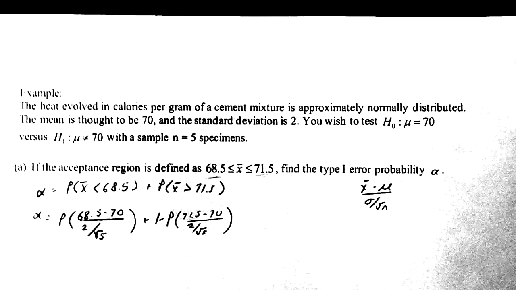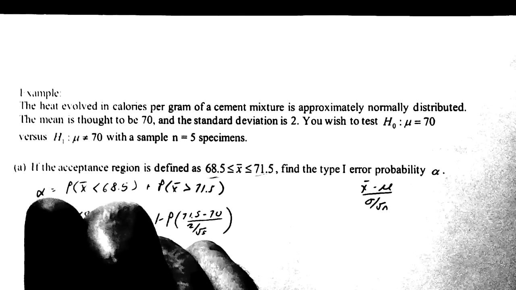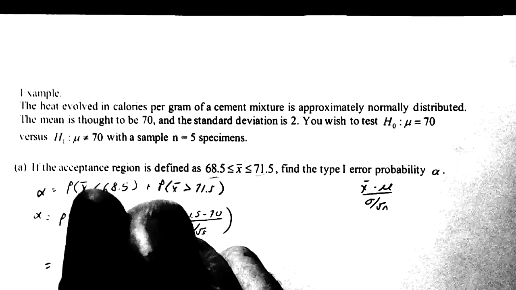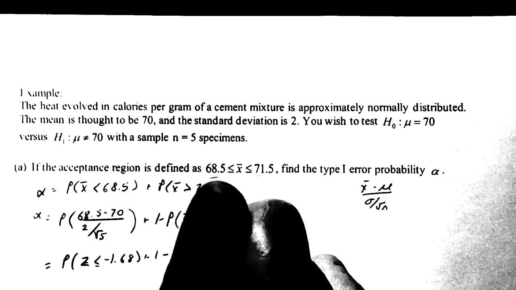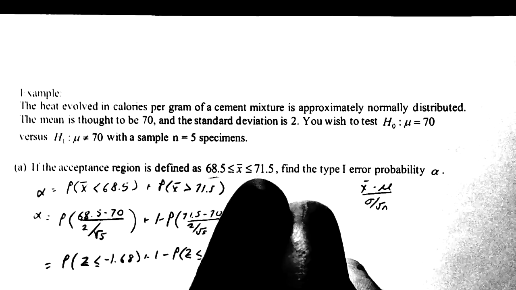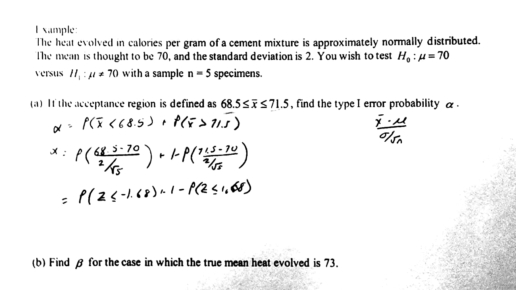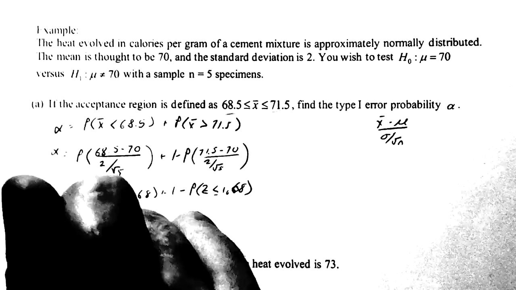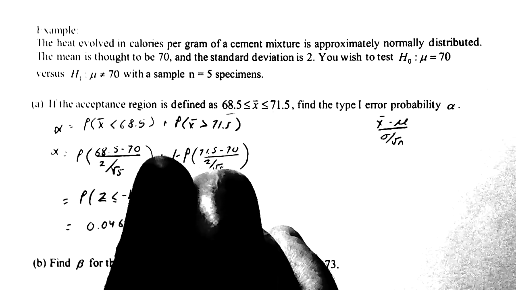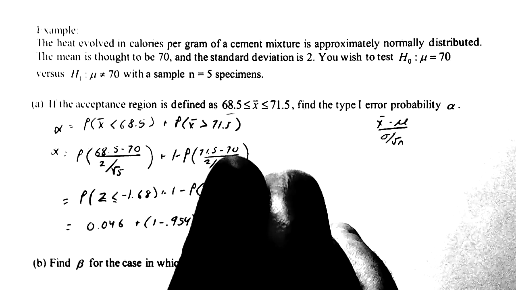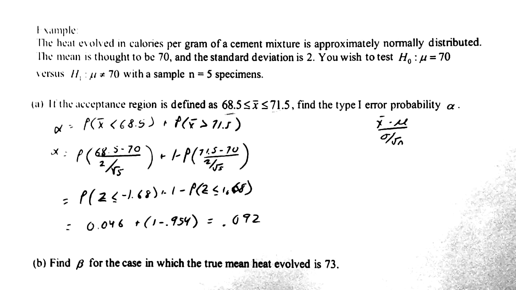So we have the probability that z is less than or equal to negative 1.68, plus 1 minus the probability that z is less than or equal to 1.68. All of these equations have been symmetrical so far. They don't have to be. You don't have to have a symmetrical region, but you often do. And so that is equal to 0.046 plus 1 minus 0.954, which is equal to 0.092. And so our alpha is 9.2%.